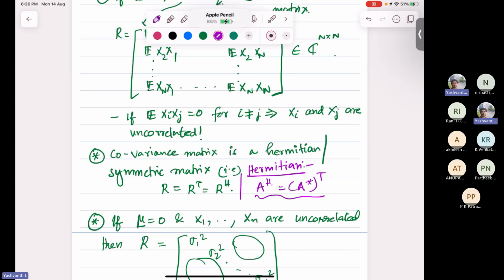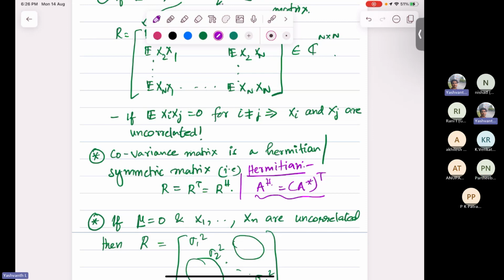You basically take the complex conjugate of every element in the matrix A and then take the transpose of the resultant matrix. Suppose A is a real matrix, then A conjugate is the same as A. That's why I wrote this. Suppose A is a real matrix, A conjugate is the same as A, and then it means that A Hermitian is the same as A transpose. That's what I meant here. Otherwise, it's A conjugate.